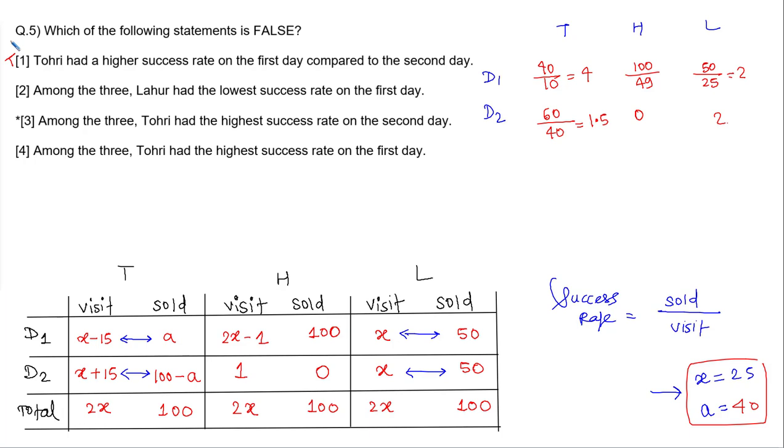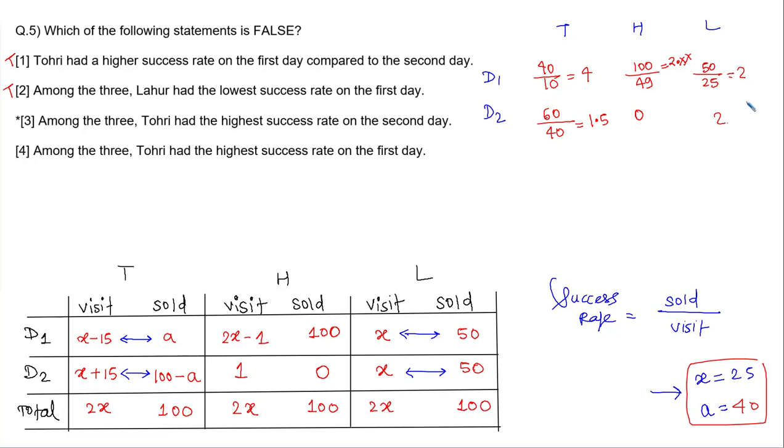The second statement is, among these 3 people, L had the lowest success rate on the first day. This is equal to 2 point something. So L has the lowest success rate on day 1. This is also true.